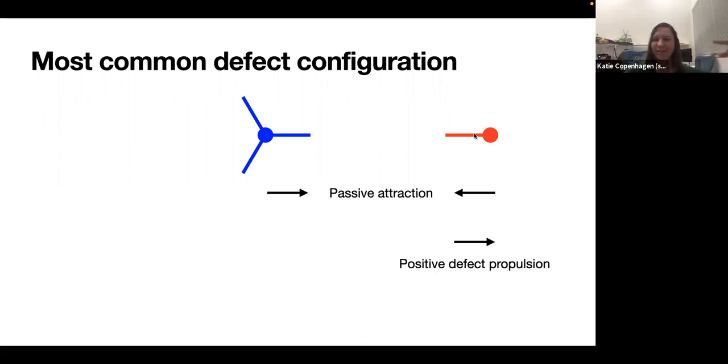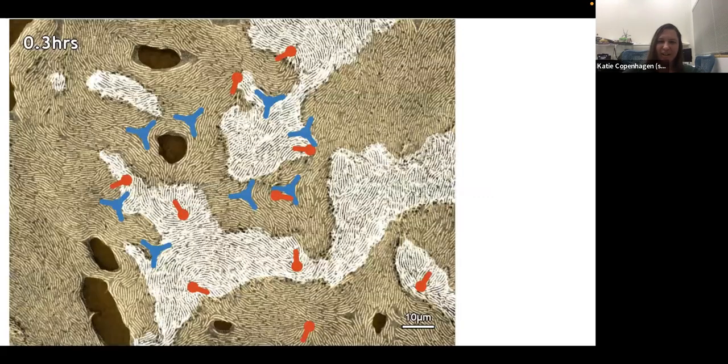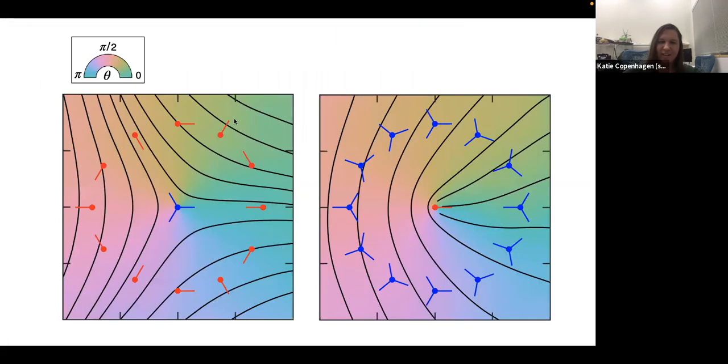So your defects kind of get stuck like this. Most of your defect pairs exist in this configuration because that's where they're kind of pinned, if that makes sense. Whereas if you are in the other configuration, this defect will propel itself and they'll just annihilate.